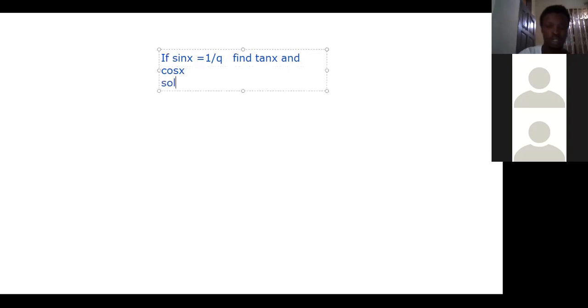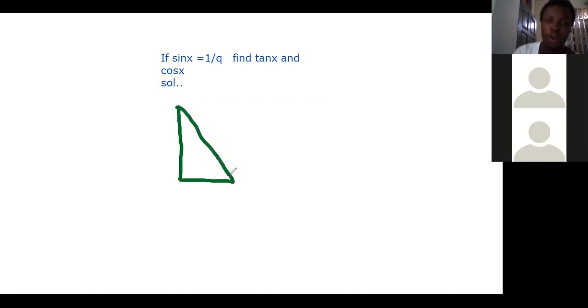So, solution. We are going to use our normal solution. I know sine x is 1 all over k. So we are going to draw a right angle triangle. Sine x is 1 all over k, so we assume that the opposite is 1, then the hypotenuse is k.